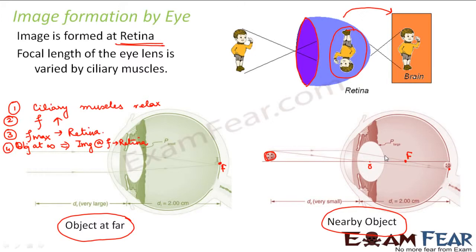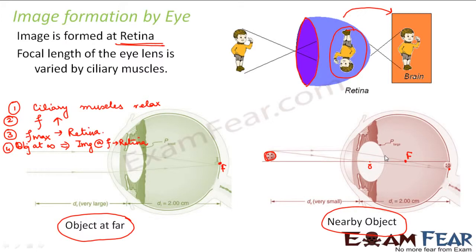So for any eye without any defect, because mostly you would have heard complaints from your grandfather or grandmother that during their old age, they are not able to see things clearly. So the visibility decreases. That's because with old age, the flexibility of the ciliary muscles decreases.